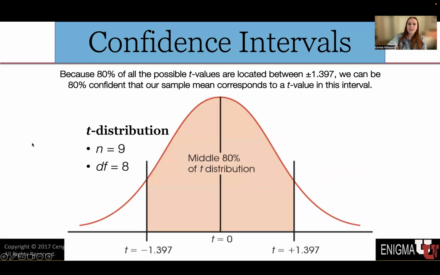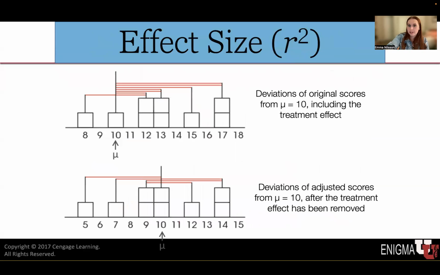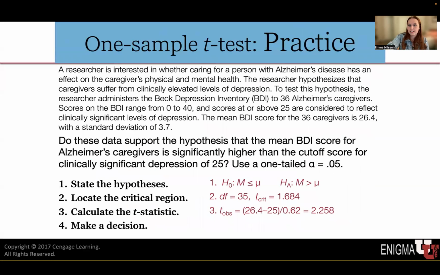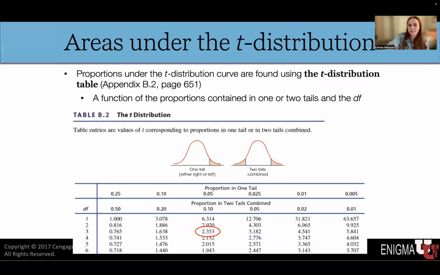This is going to be kind of like a visual representation of what this confidence interval looks like. This is our t distribution, right? We're going to take all the possible t values from our sample and our population, right? And what we're going to do is we're going to use that two-tailed t critical values table, this one. Let's see if I can find it in a relatively quick way. This one right here.